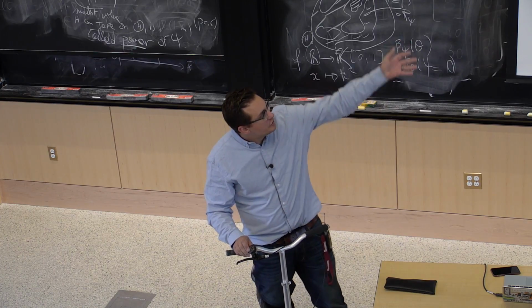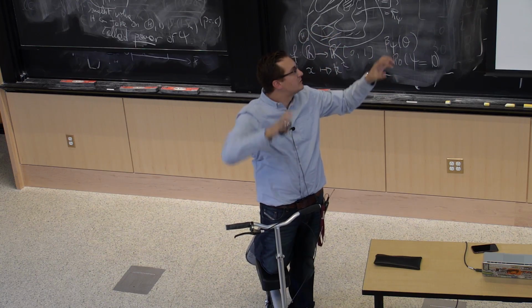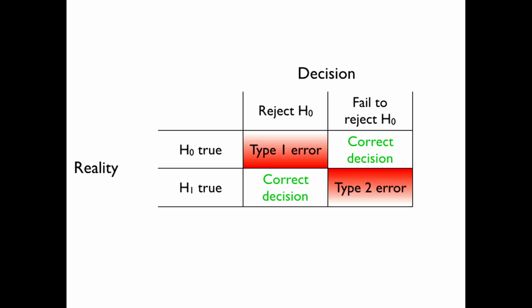So just to illustrate, when do I make a type 1 error and when do I not? I make a type 1 error if H0 is true and I reject H0, right? So the off-diagonal blocks are when I make an error. On the diagonal terms, when H1 is true and I reject H0, that's a correct decision. When H0 is true and I fail to reject H0, that's also the correct decision to make.